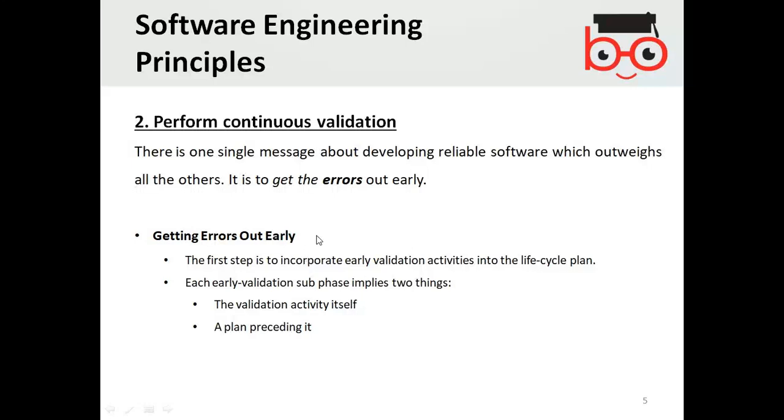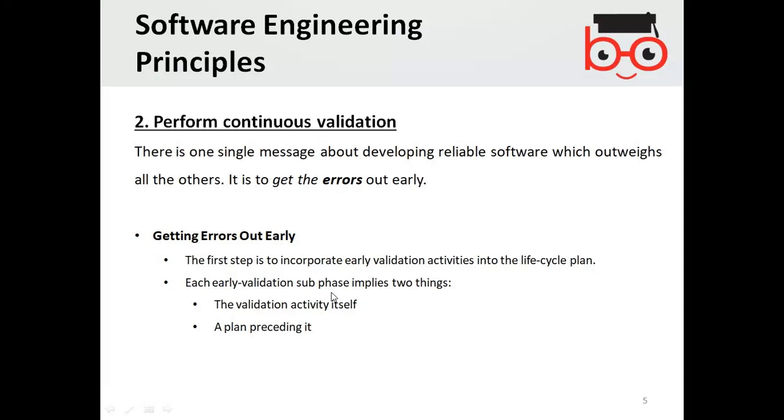Now, validation will give you the errors identified, and verification will let you know the performance of the software, whether it is reliable or not. So, getting errors out early, the first step is to incorporate early validation activities into the life cycle plan.